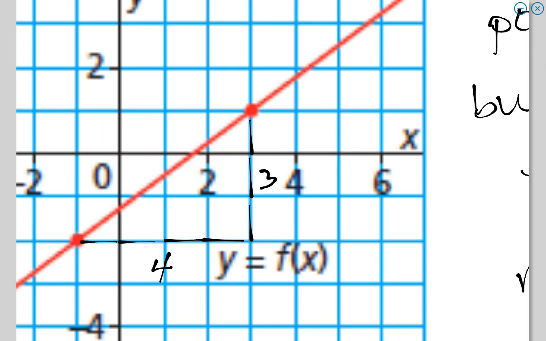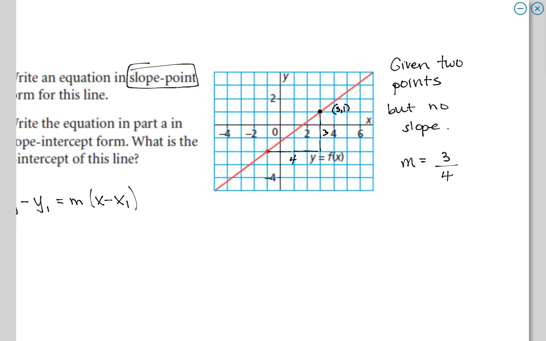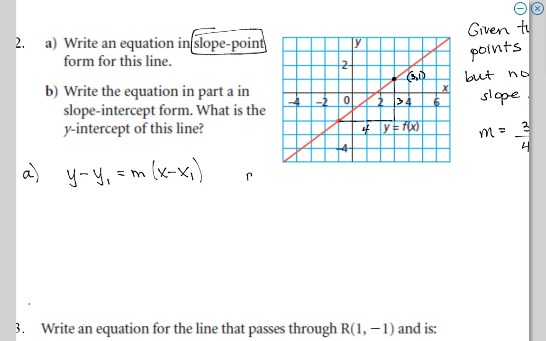That point is 3, 1. All right. So using the point 3, 1 and the slope 3/4, I can now insert these things into my equation. So y take away the y1, the slope, and x take away the x1.